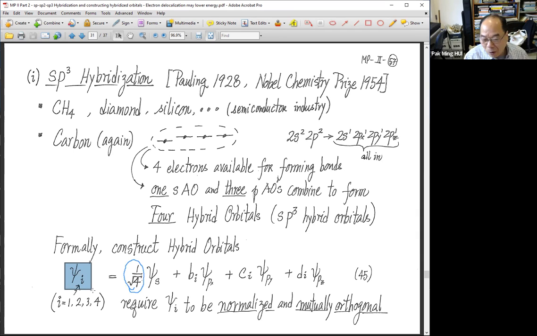Now I hope that all of you understand why it's 1/√4 for these sp3 hybridized orbitals, because the s will not bias any one of the 4, so it will divide itself evenly. So the remaining thing is to find all these coefficients, 12 of them, using normalized and orthogonal properties among these hybridized orbitals.